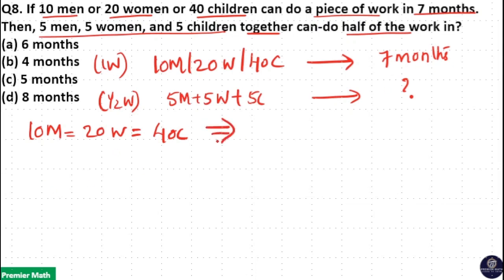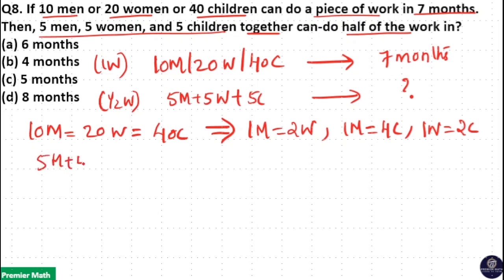Here from this statement 10 men is equal to 20 women is equal to 40 children. Because 10 men or 20 women or 40 children all are doing the same work in same duration. So this implies that 10 men is equal to 20 women means that 1 man is equal to 2 women. 10 men is equal to 40 children means that 1 man is equal to 4 children. And 20 women is equal to 40 children means that 1 woman is equal to 2 children. Now 5 men plus 5 women plus 5 children.